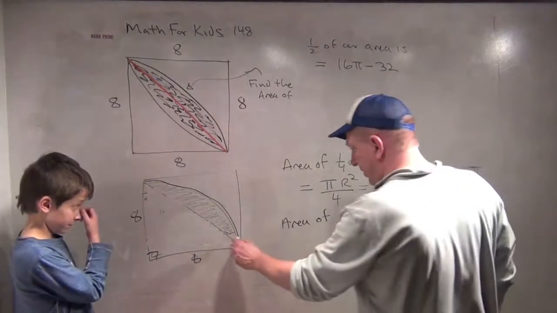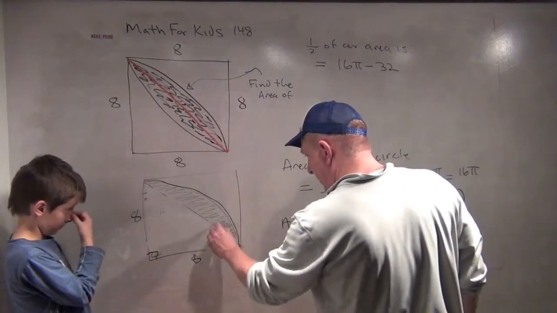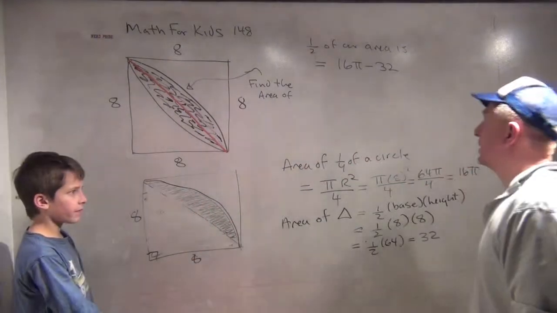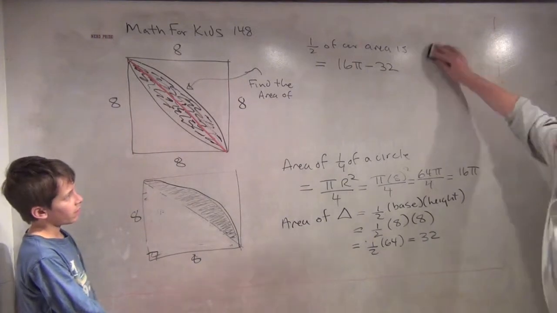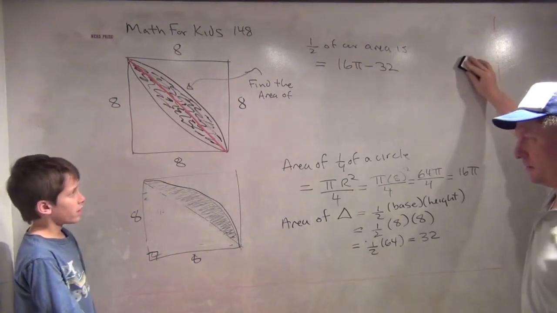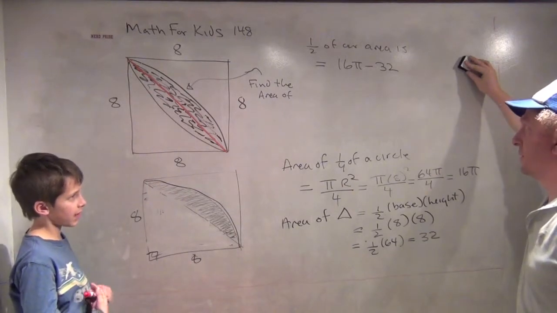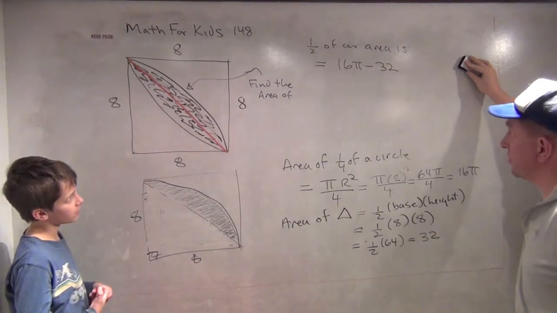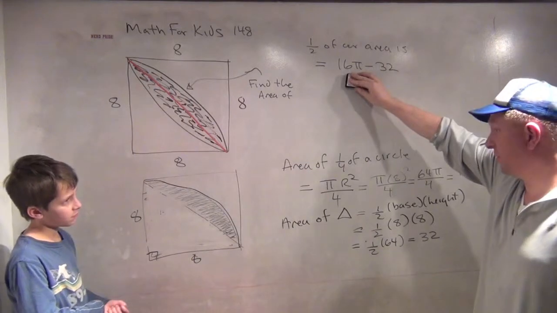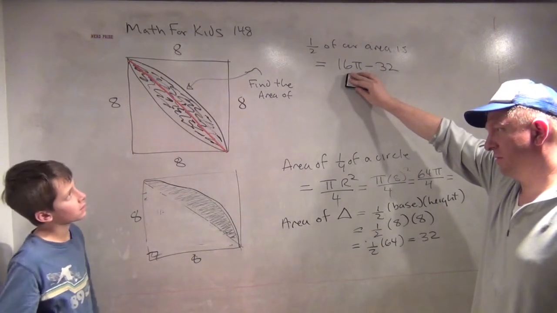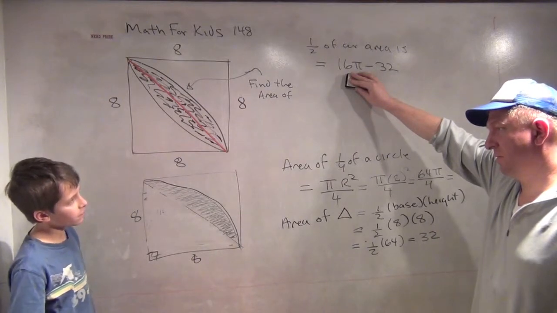Okay, because 16 pi, that's what we think this area is here. Well, 16 pi is definitely more than 30 because pi is a little bit more than 3. So 16 times 3 is what? 48.